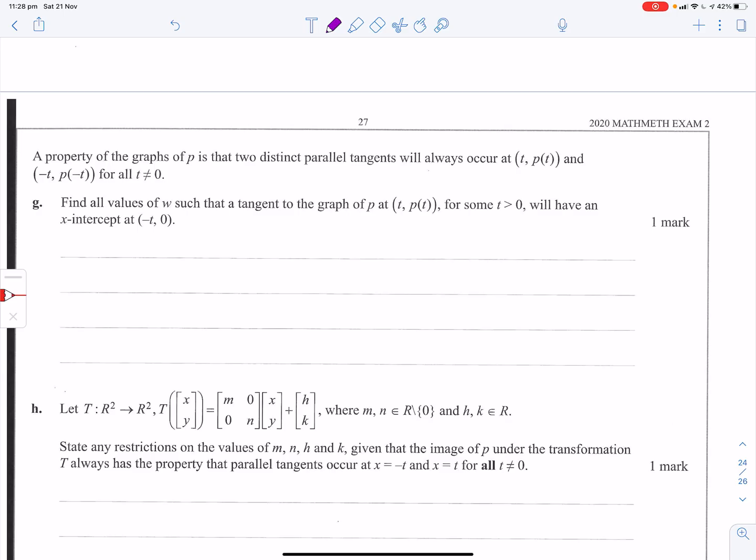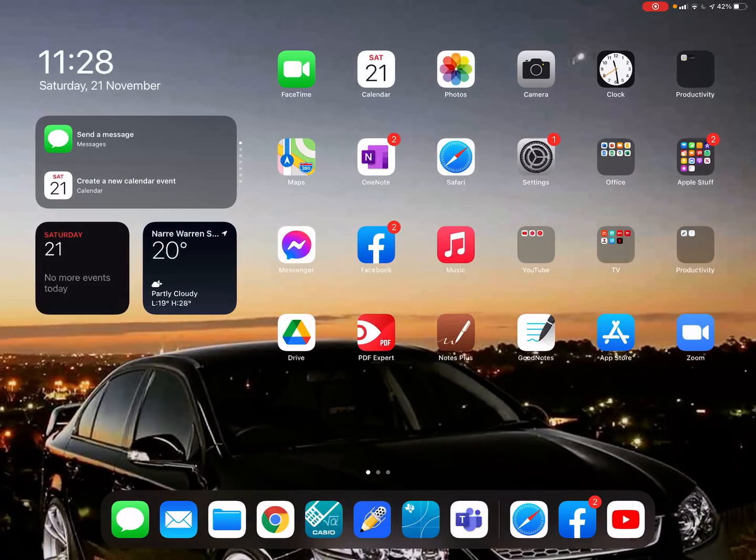Find all values of w such that the tangent to the graph at t, for some t greater than 0, will have an x-intercept at negative t, 0.